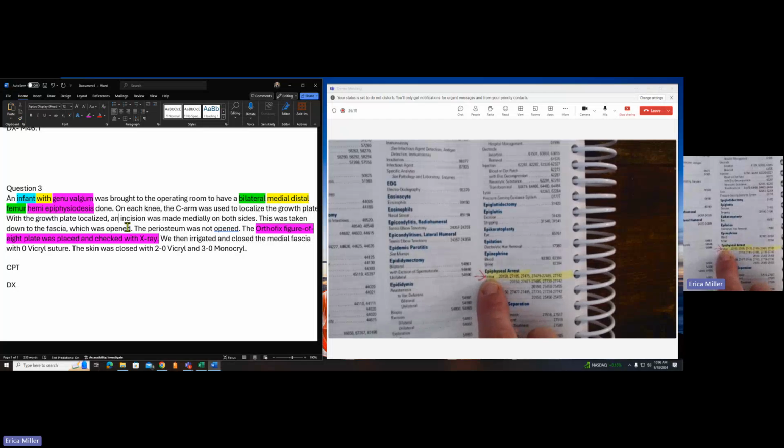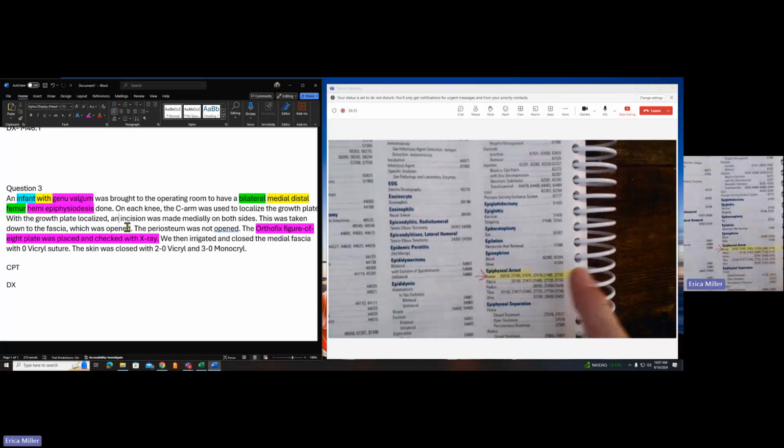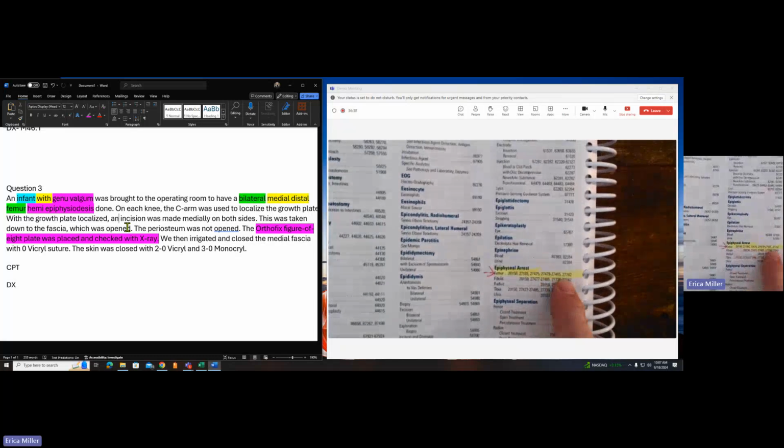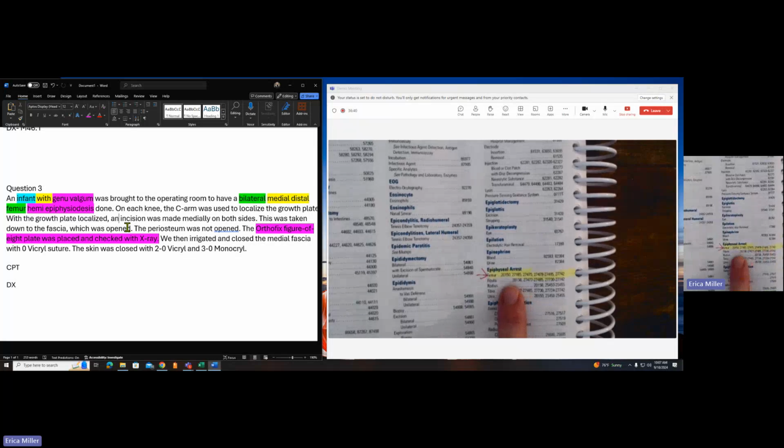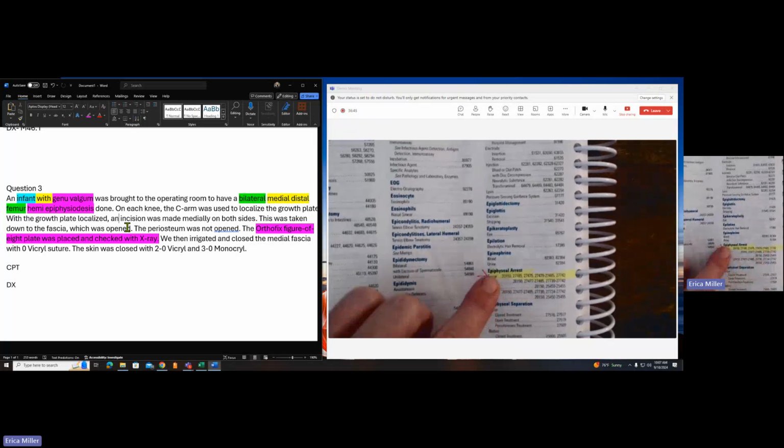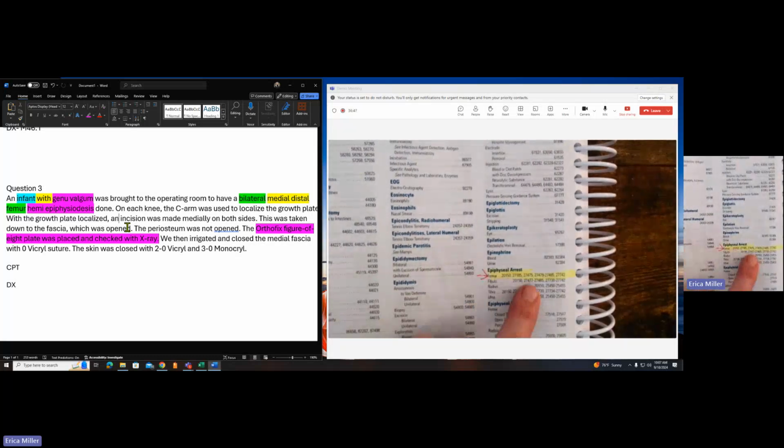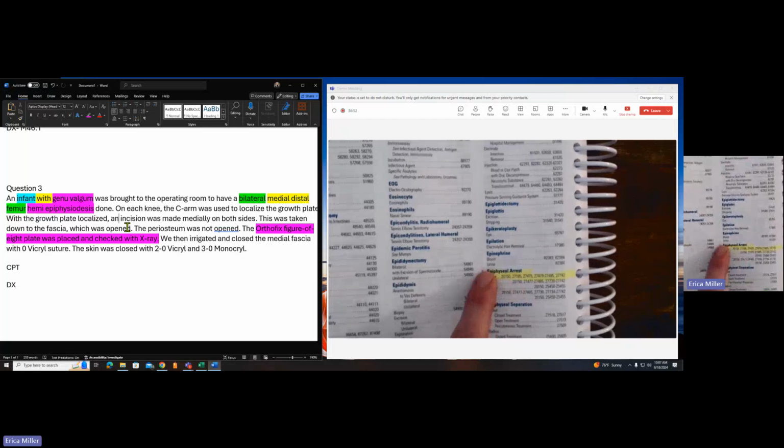Specific locations: we've got femur, fibula, radius, tibia, ulna. They made it clear inside the report that this is a bilateral medial distal femur hemiepiphysiodesis. Perfect. So now I've got a starting point. The first thing I do when I have a lot of codes to choose from is think, what are some common threads? And I notice that 20150 shows up in every single one of these anatomic sites for the same service.